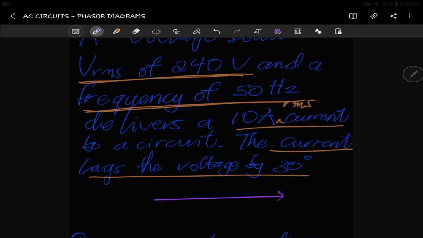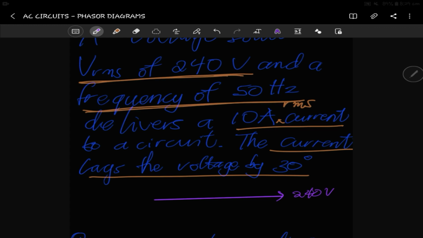This is freehand, so pardon if it's not parallel to the x-axis. So 240 volts, that's the only thing we know about the voltage. When it comes to phasors, you don't use the frequency to actually draw the phasors.